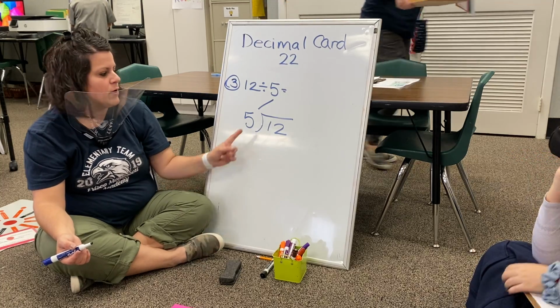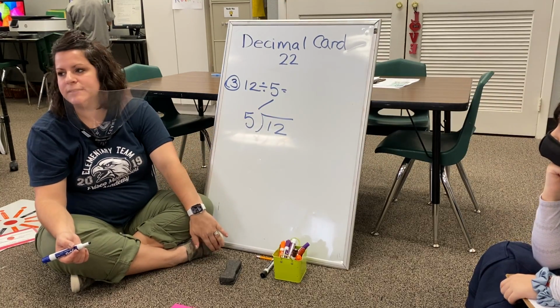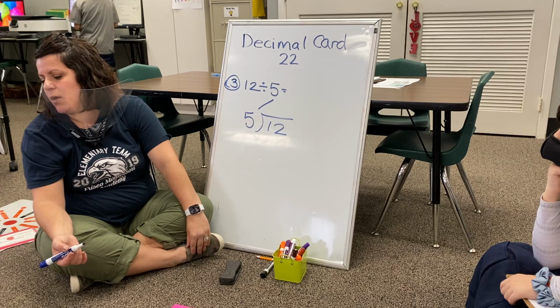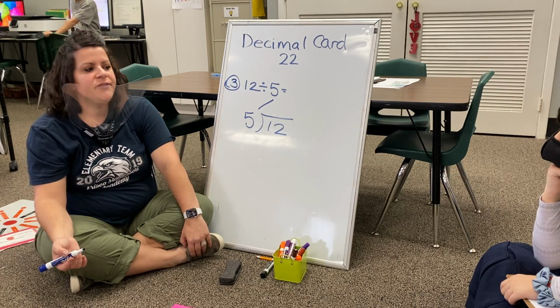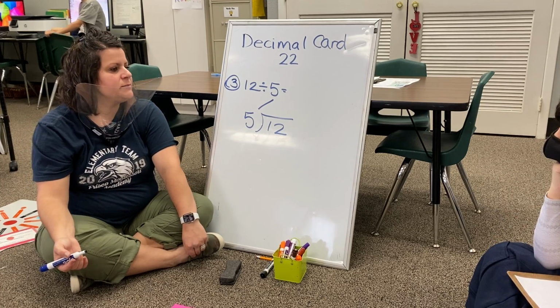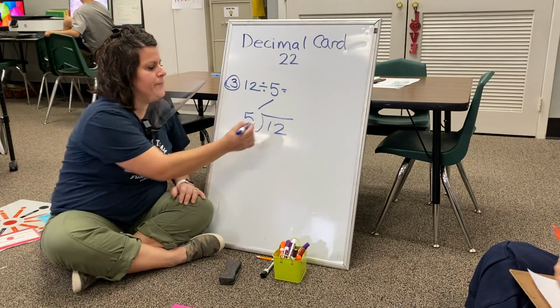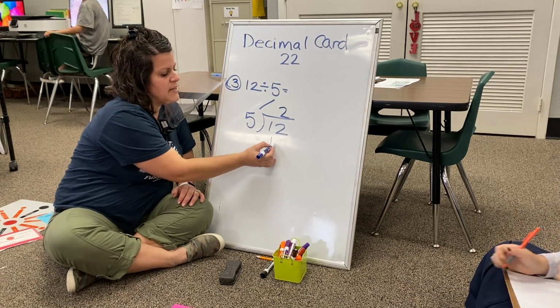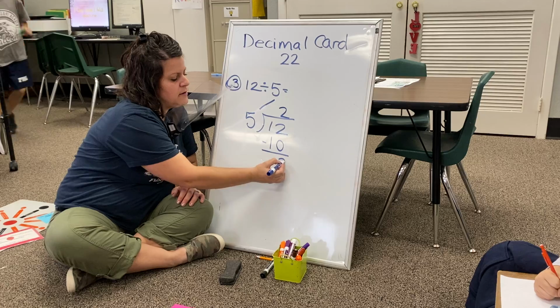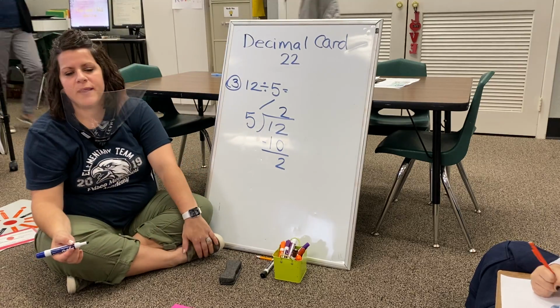I just know that I'm going to go over the 2 here because it's going into 12 and not 1. So 5 times what number, Bella, gets me close to 12? 2. And 5 times 2 is 10. Subtract and I have a remainder of 2.